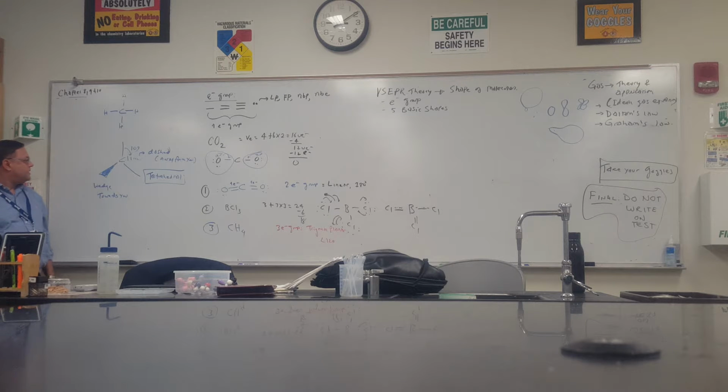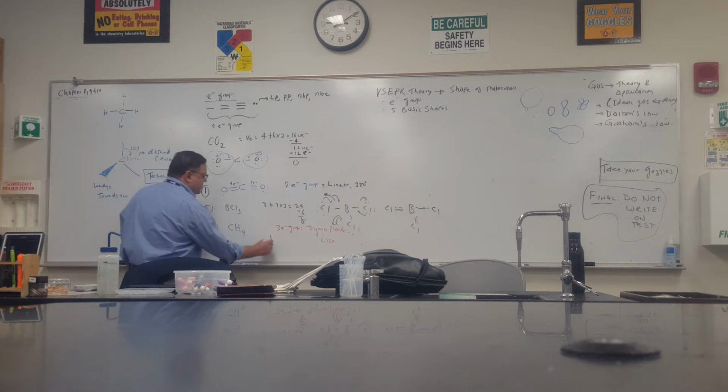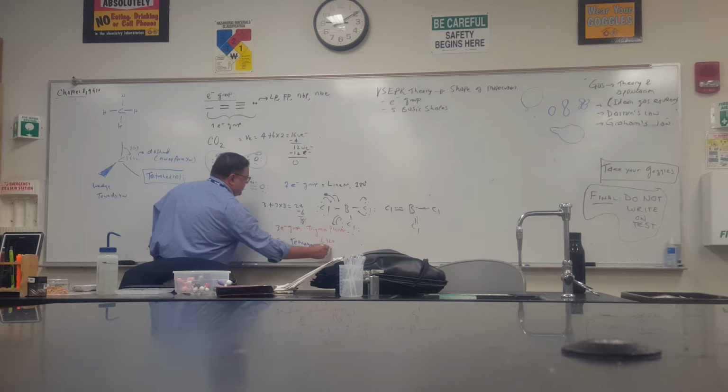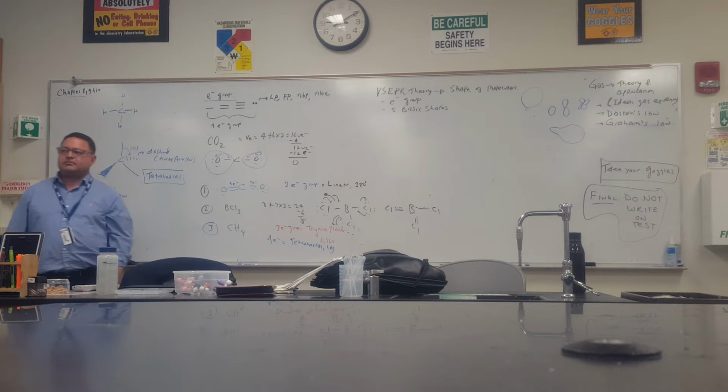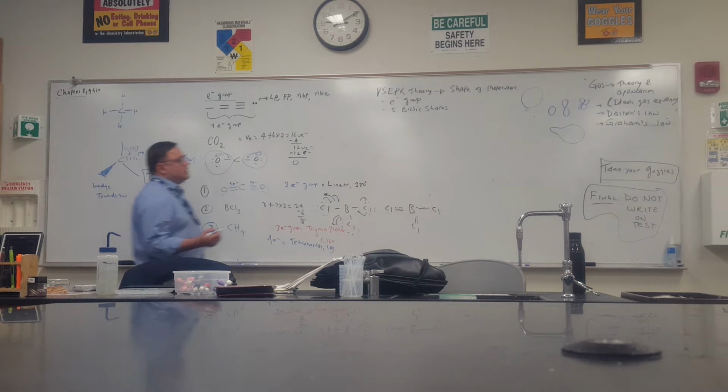Okay. So whenever you have 4 groups around the central atom, that is 4 electron groups, it is tetrahedron. Wait, hold on. Let's see one more here.